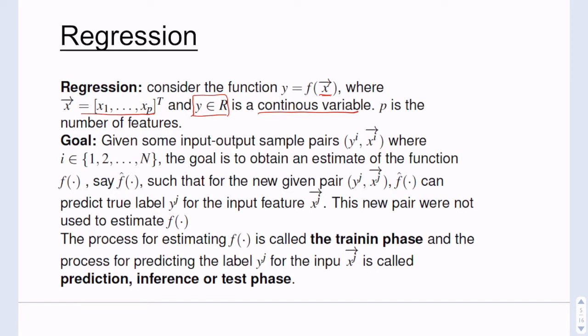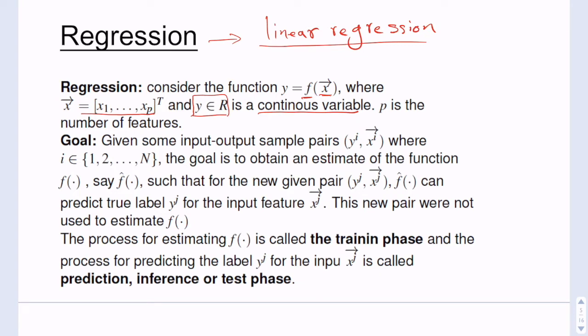The other thing is, as I said, we mostly focus on linear regression. For linear regression, this function is linear. So this function is not a nonlinear function. We call it linear regression when this function is a linear function.